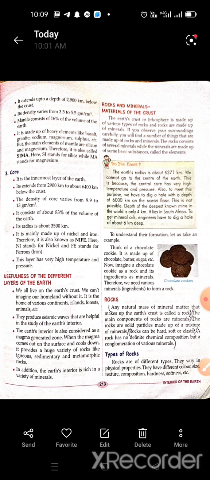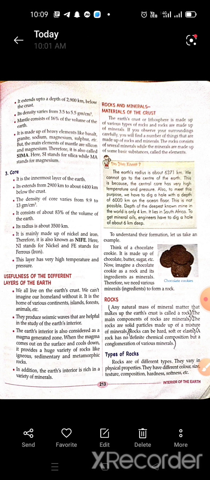We can't live on mantle or core, as the temperature is very high. So crust is like a home for us. It is home for continents, oceans, and everything we see surrounding us. This is the most important role of our crust.